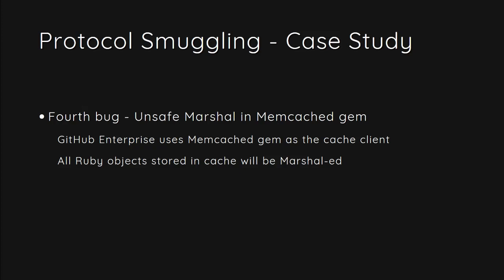While reviewing the source, I was curious about why GitHub can store Ruby objects in Memcache. After some digging, I found GitHub used RubyGem to store the cache, and the cache was wrapped by Marshal. It's good news to us. Everyone knows Marshal is very dangerous.